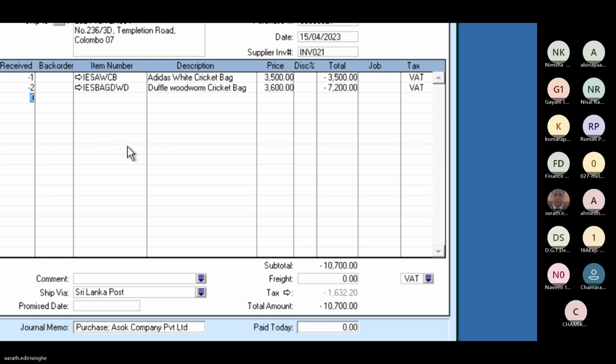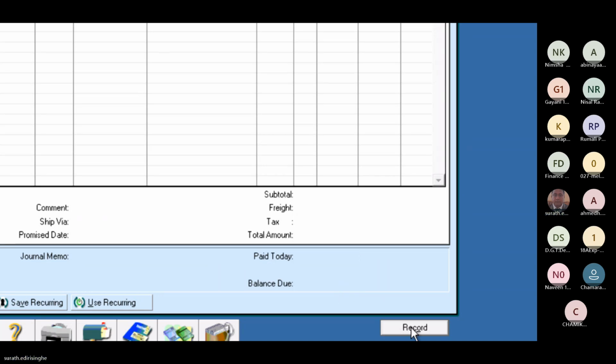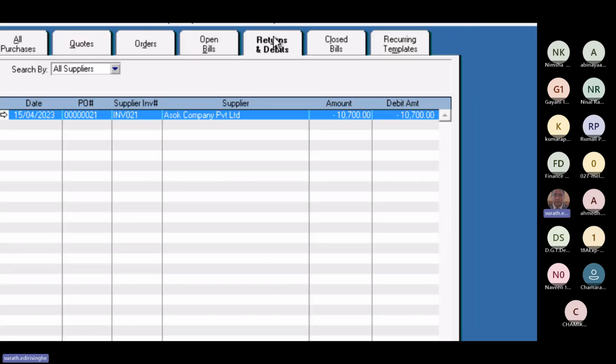Right. Then record. Total amount, keep in your mind, 10,700. Record. Go to the register, returns and debit, 10,700 in the return status.